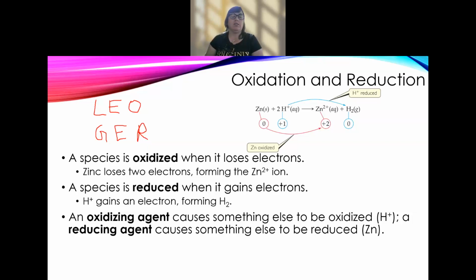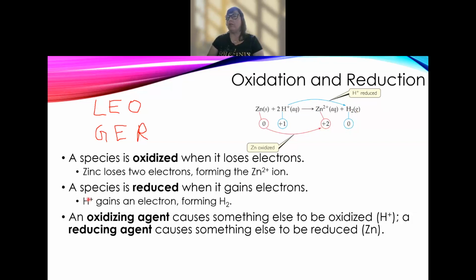Now, one other thing that we need to talk about, and this is the part that always throws me for a loop. An oxidizing agent causes something else to be oxidized. So if I look at this, I see that 2H+, which has a +1 oxidation number, goes to H2, which has a 0 oxidation number, right? So the oxidation number has gone down. That means I gained electrons.